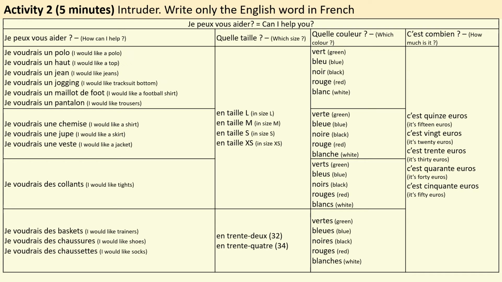Number 1. Je peux vous aider? Je voudrais a football shirt en taille L. Pause if you need to, I'll repeat that again. Je peux vous aider? Je voudrais a football shirt en taille L. Pause if you need to.